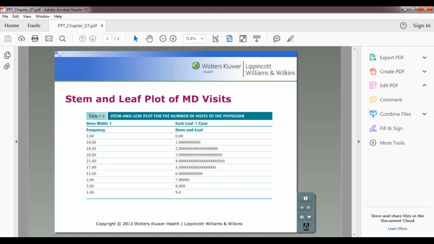So in this case, we can see that it's normally distributed. If we look at it, those who received 2, there were 0, just 2, 10, 18, 20 number of visits. For 3, there were 20 number of visits. 4, there were 21. 5, 17, number of visits 11, 6, 7, 8, and as the number of visits got higher, the number got lower, so on and so forth.